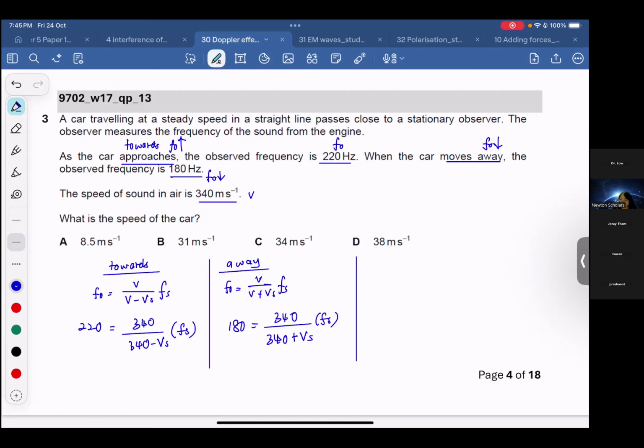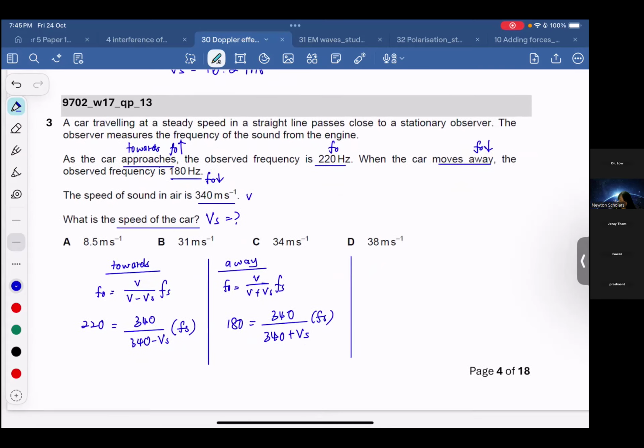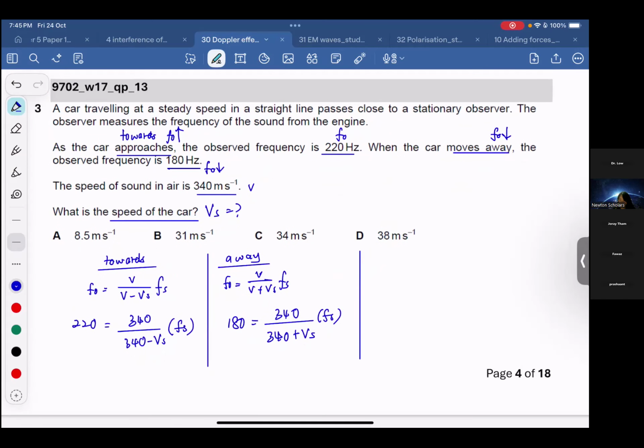So actually they're asking you what is your Vs. Vashini, correct.